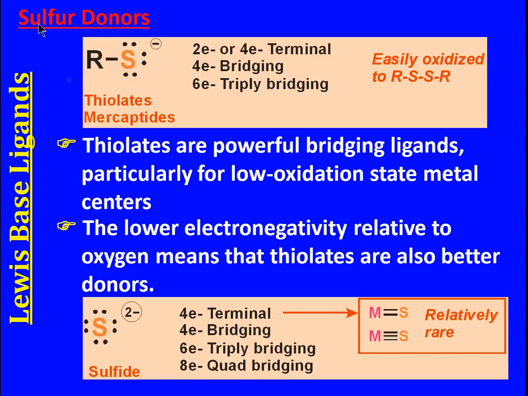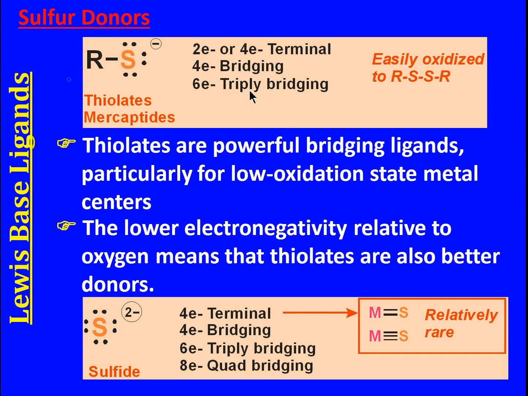In the family of sulfur donor ligands, we consider thiolates or mercaptides RS-. It's a 2 electron or 4 electron donor terminal to the same metal, but thiolates are known to be bridging ligands between 2 metal centers, so it acts as a 4 electron donor.